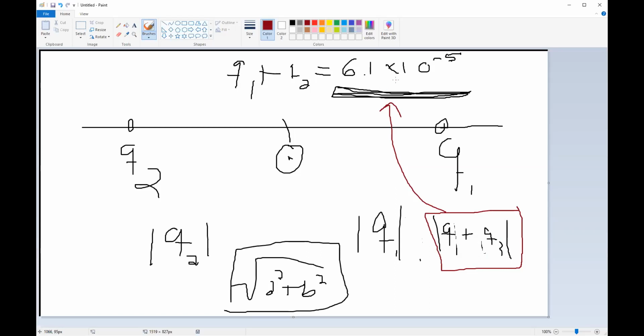So now that means the reason we have to be careful with the signs, and it might help you if you're having trouble with this, it might help you to always use this absolute value unless you know otherwise. But let's say that we know Q2 is smaller than Q1. Since this is positive and we know they have opposite charge and Q2 is smaller than Q1, we get that Q1 is positive and Q2 is negative.